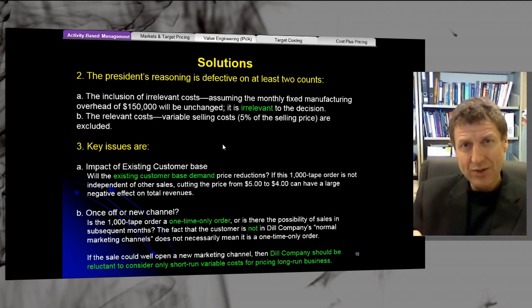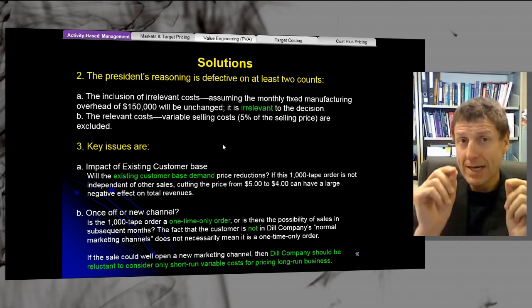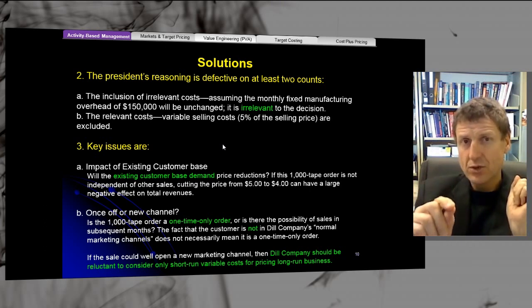And it excluded a relevant cost, that is variable marketing expenses of 5%. So you had to exclude that fixed manufacturing overhead. You had to include that 5% marketing cost to arrive at a relevant unit cost to make the right decision.